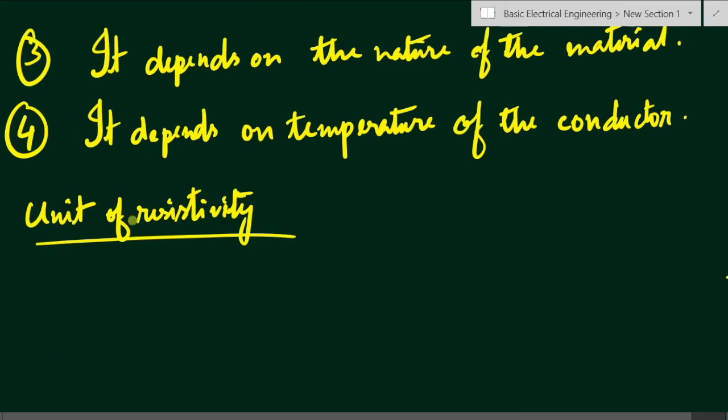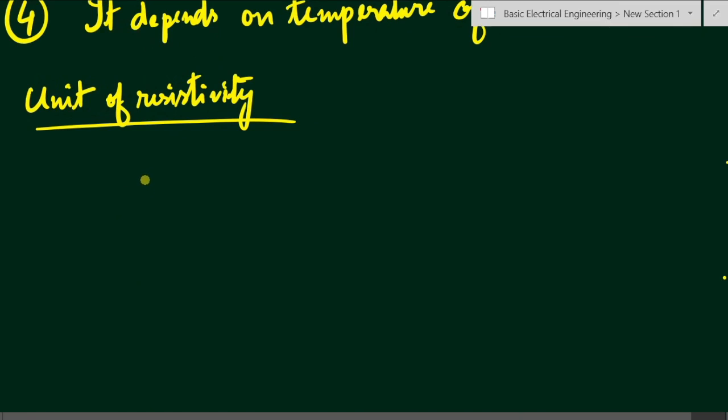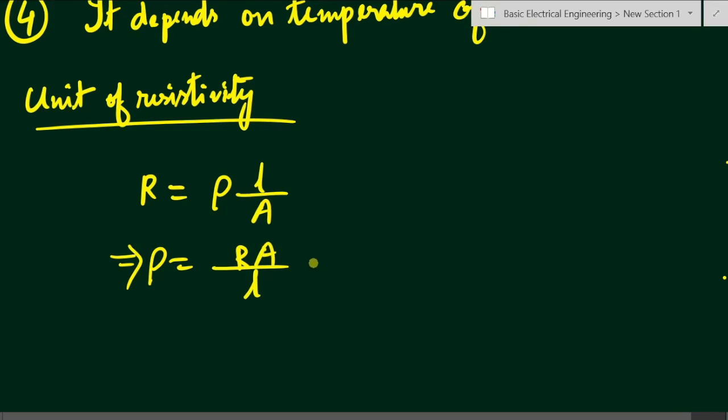Now let us see the unit of resistivity. So we have already found that the resistance of a conductor R is equal to rho L divided by A. Now we have to find out the unit of this resistivity, rho. Rho is equal to RA divided by L. This R, resistance, is in ohm.